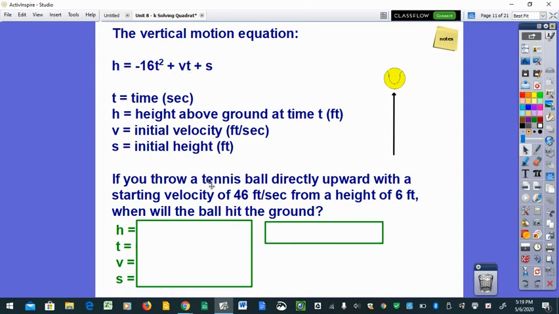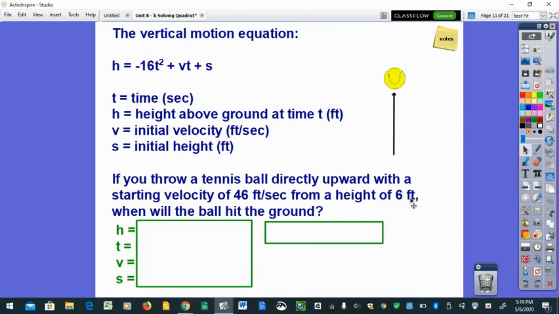So if you throw a tennis ball up directly with a starting velocity of 46 feet per second, ask yourself, where does the 46 go? Does it go in for the H, the T, the V, the S? Did you say the V? It's the initial velocity. So we're going to replace that V with the 46.